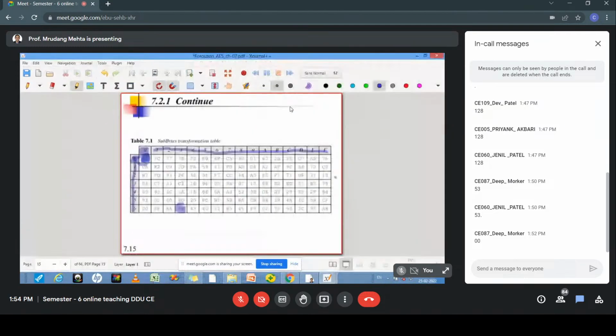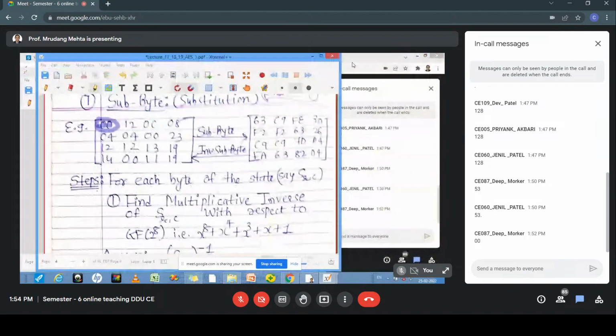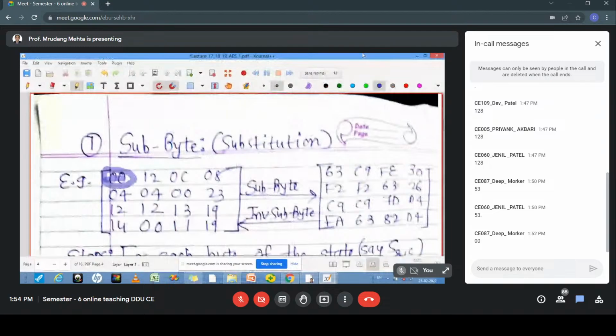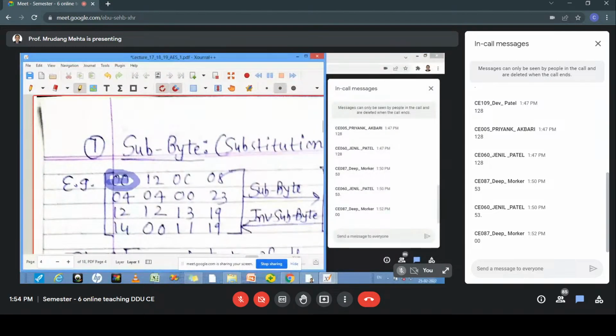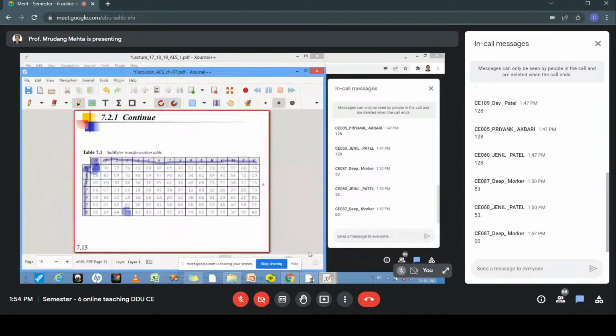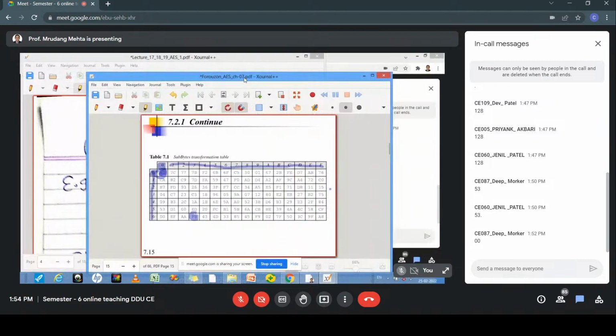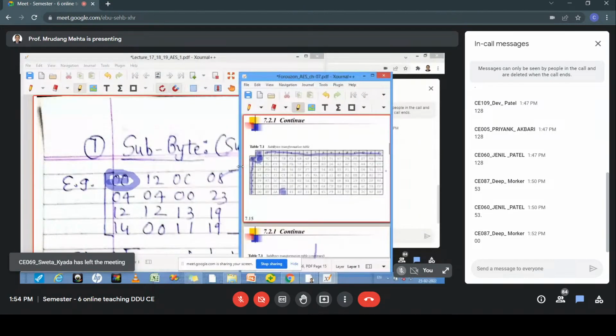Now if we take 12, what is the corresponding value? 1, 2, right?